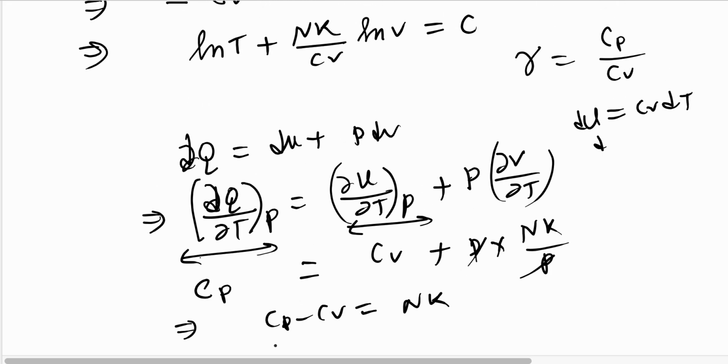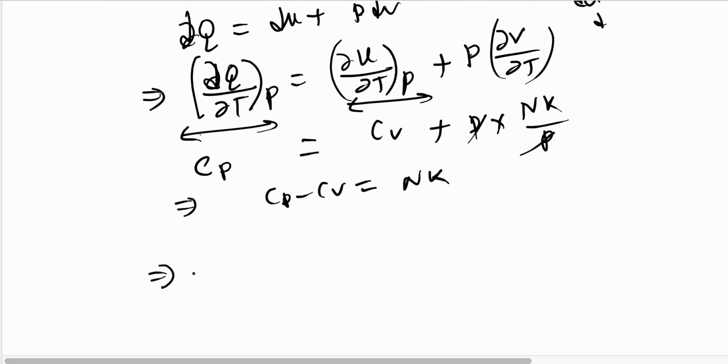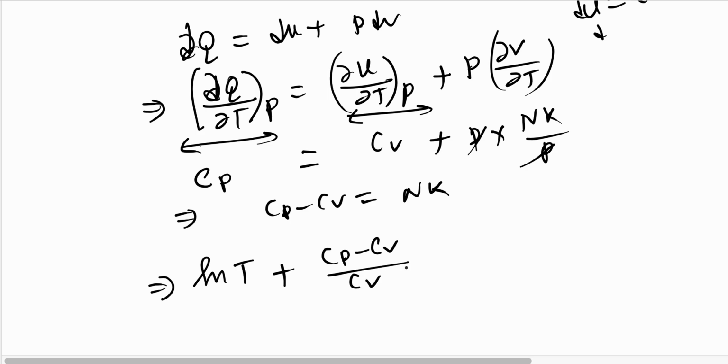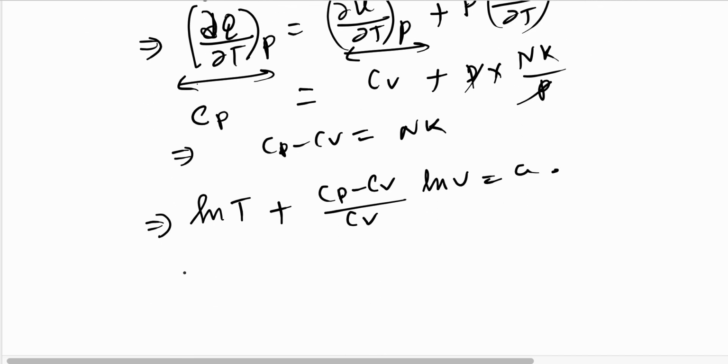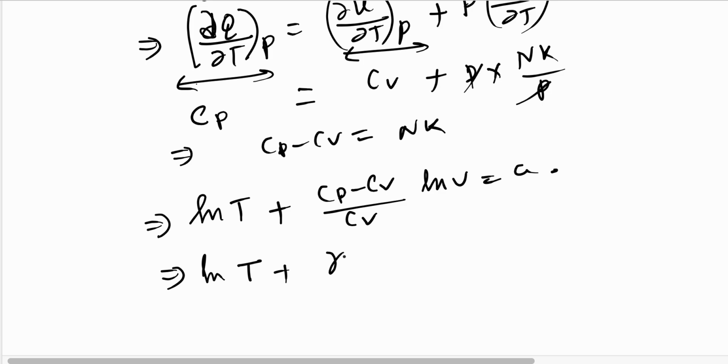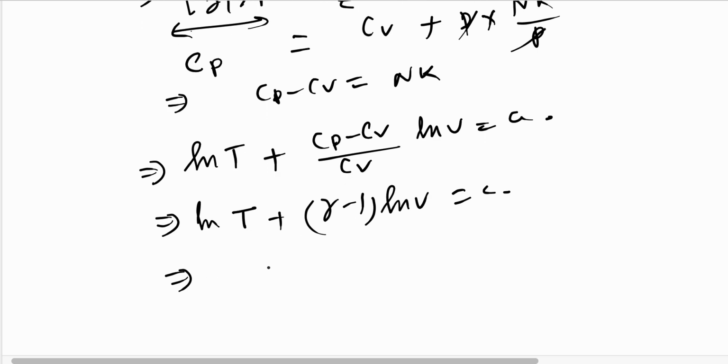In place of nk, if I put Cp minus Cv, we get ln T plus (Cp minus Cv) by Cv into ln V is equal to constant. Cp by Cv means gamma, so ln T plus (gamma minus 1) ln V is equal to some constant. That means T V to the power gamma minus 1 is equal to constant.